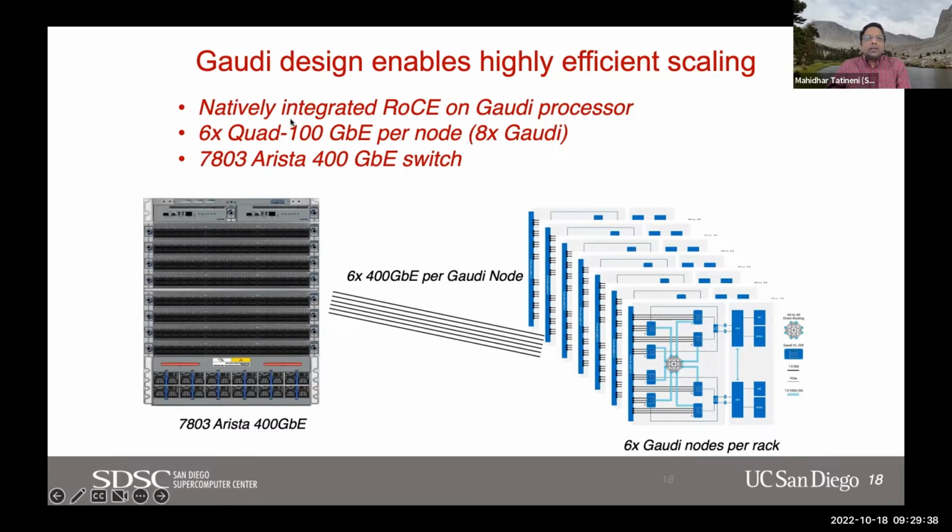As I mentioned before, it's natively integrated RoCE on each Gaudi processor, so RDMA over Converged Ethernet. So we basically use a regular 400 gig switch from Arista for this. There's no proprietary network or custom thing to do in this case.